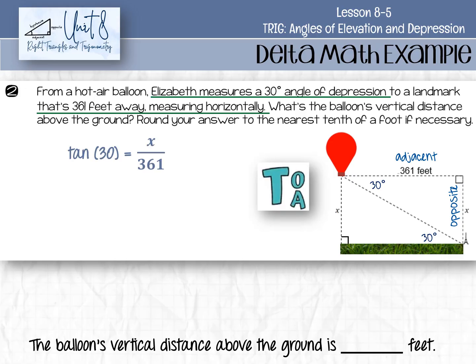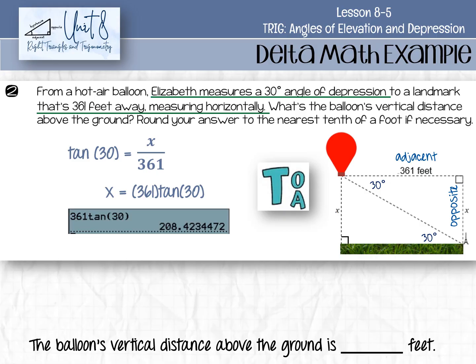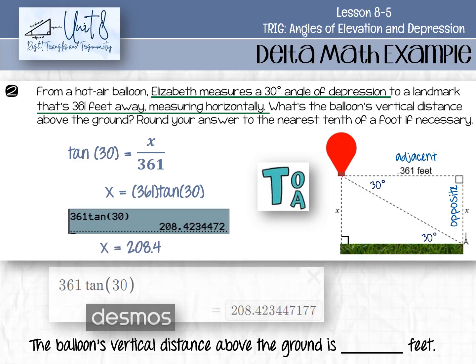Tangent 30 degrees is X over 361. Multiply both sides by 361. X is 361 tangent 30, graphing calculator. Desmos, doesn't matter. Balloon's vertical distance above the ground is about 208.4 feet.